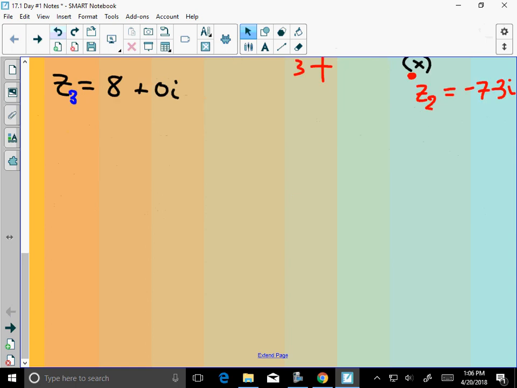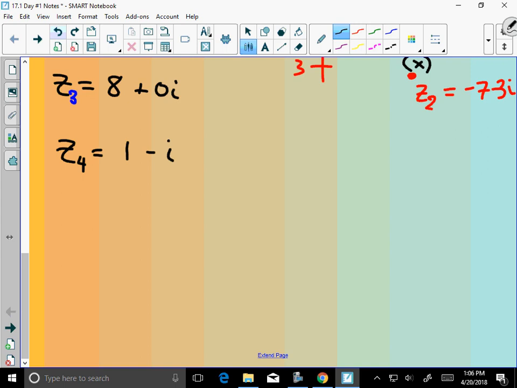Just out of curiosity, what if I told you that I had this one, I don't know, 1 minus i. Do you think that would be a 30-60-90 or a 45-45-90 triangle form? Now we're getting into it, right? So I'm going to go right 1 and down 1.